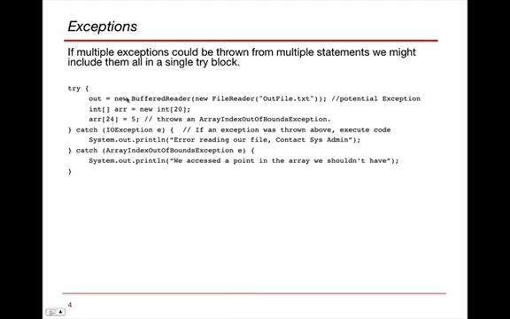So what will happen is if an error occurs on this line, it will throw an IO exception and it will look at all the try catch blocks and find the first one that matches, which in this case is IO exception. If an error occurs here, which it does, it will throw an array index out of bounds exception. It will look at the subsequent and sequential catch blocks, find the one that matches, and then execute the code that is within it.